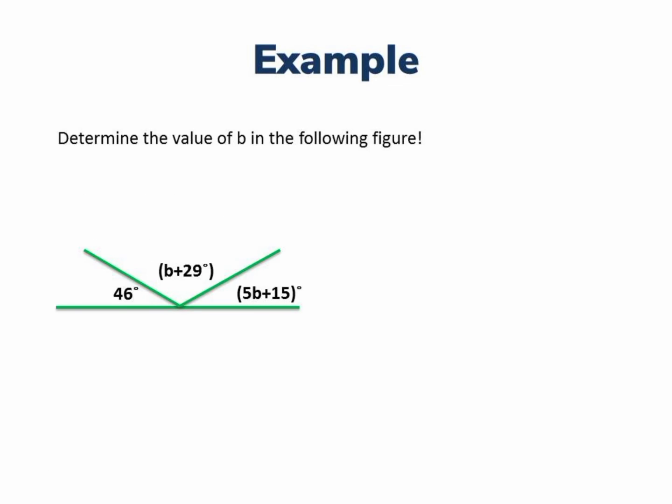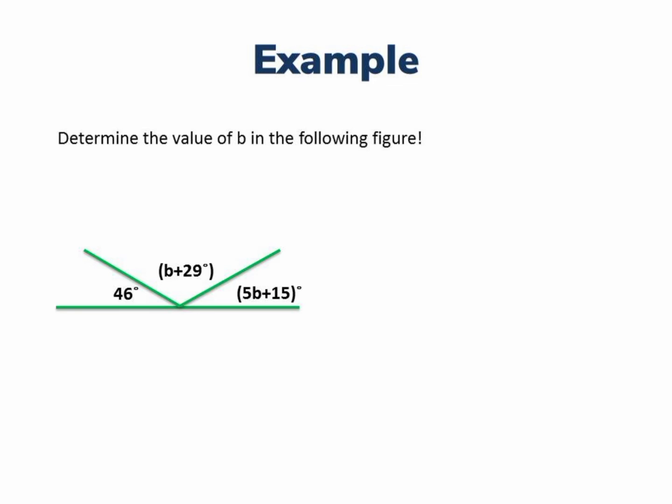Next example. The question is determine the value of B in the following figure. Okay, from the picture we can see that the angle formed is an angle of 180 degrees, or we can call it a straight angle. So, as we know, a straight angle has an angle of 180 degrees.